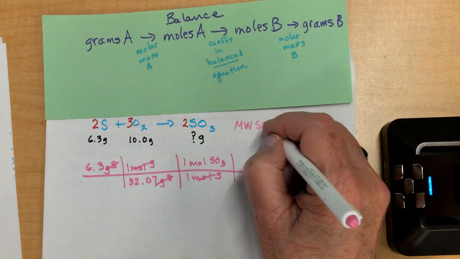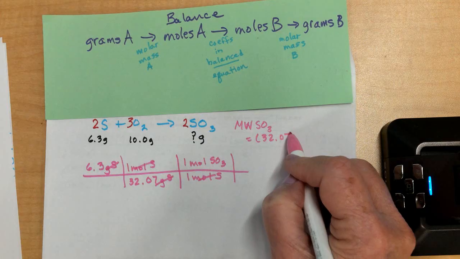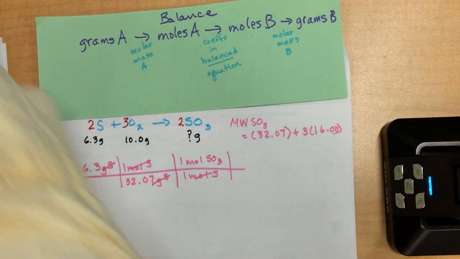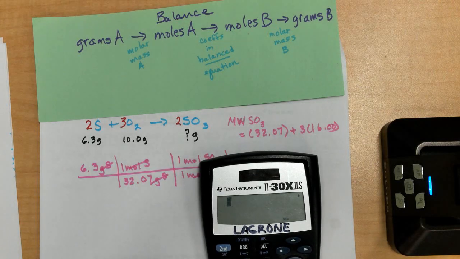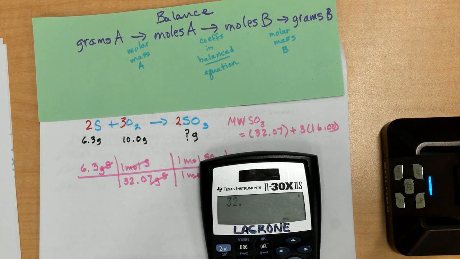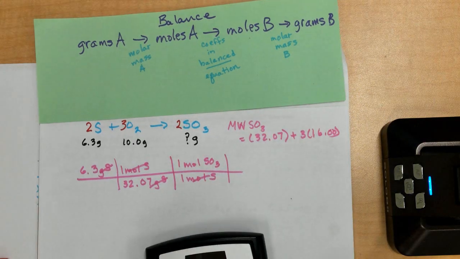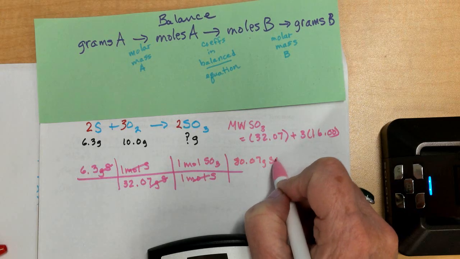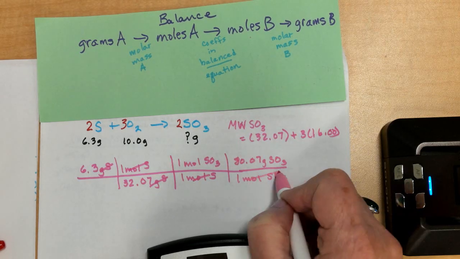Molecular weight of SO3 is sulfur is 32.07 plus 3 times 16. And when we do that, we get 32.07 plus 3 times 16 is 48, 80.07. So 80.07 grams of sulfur trioxide and 1 mole of sulfur trioxide.